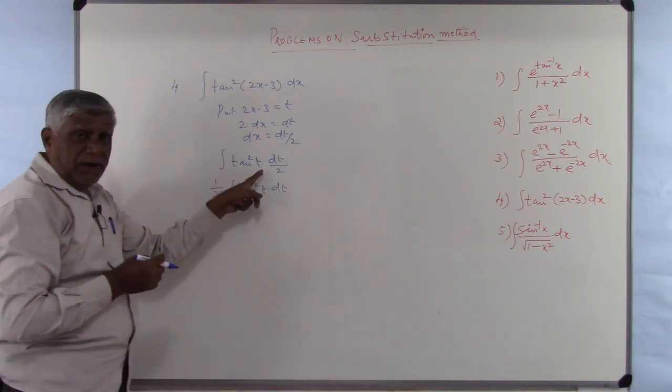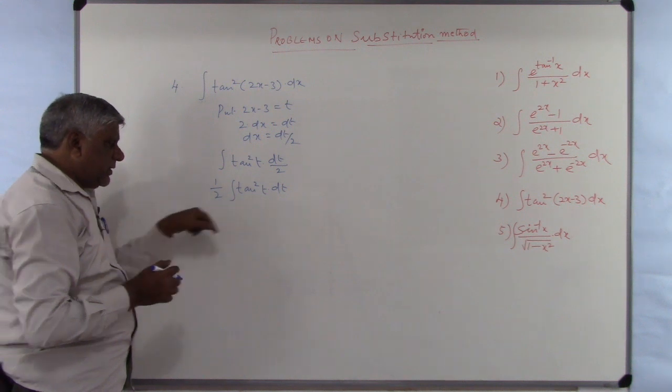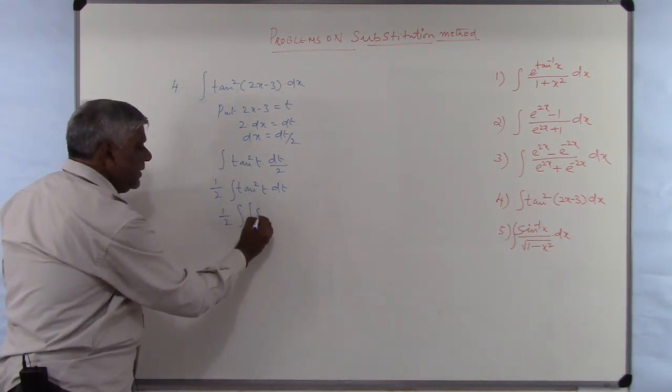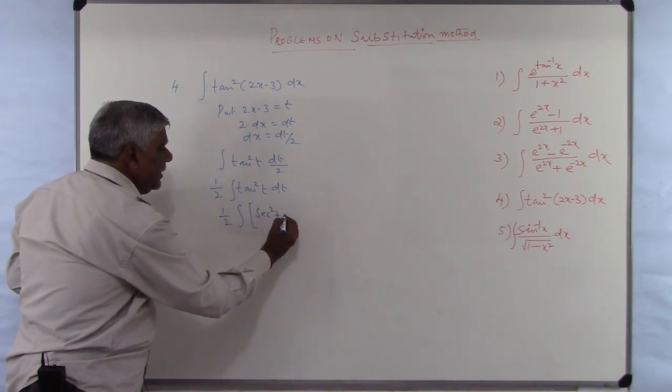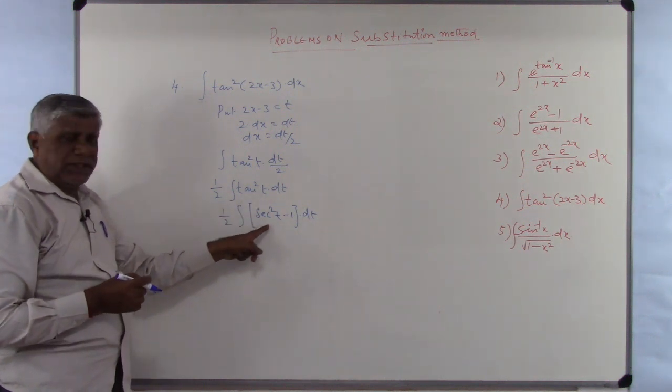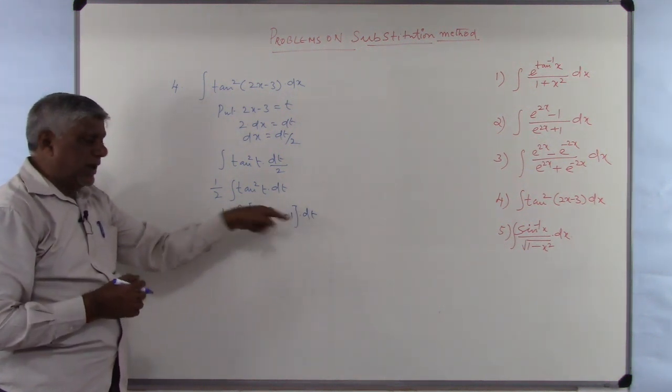See, as it is we cannot integrate this. For this, what are we going to write? We are going to write the formula: tan square theta is equal to secant square theta minus 1.